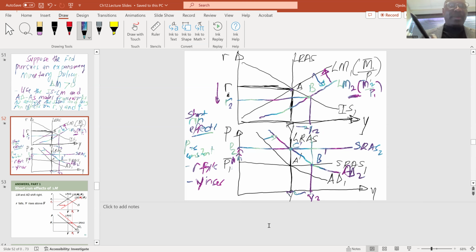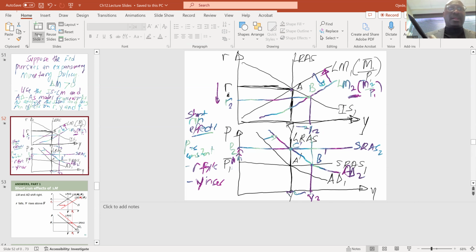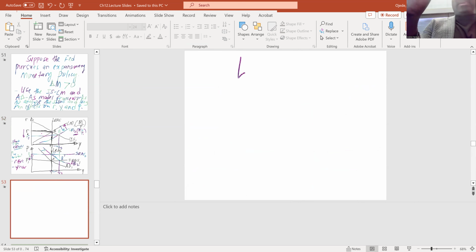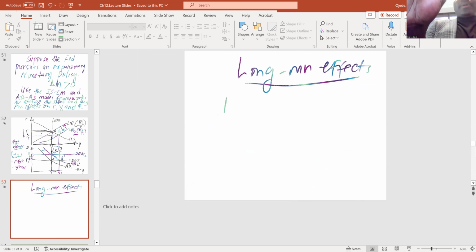So now if you're documenting the long-run effect of that monetary expansion, the long-run effects are that price rises, GDP stays the same.